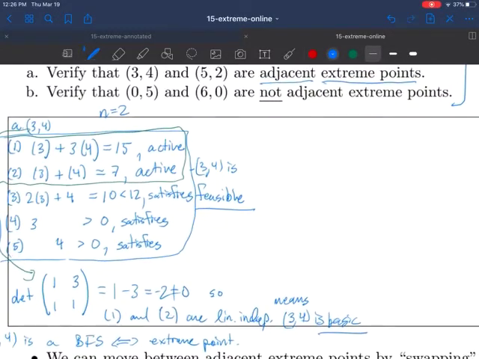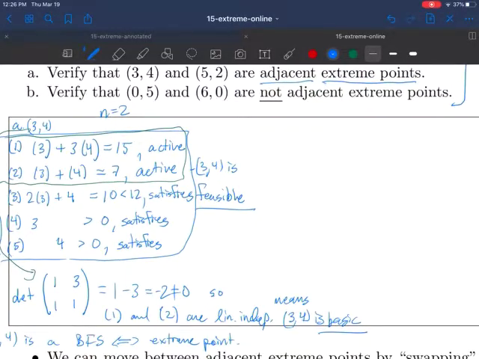Well, I'm just going to repeat that with (5, 2). Again, I'm going to check constraint 1. I see it's 5 plus 3 times 2, which is equal to 11, less than 15, so it satisfies it. Constraint 2: 5 plus 2 equals 7.